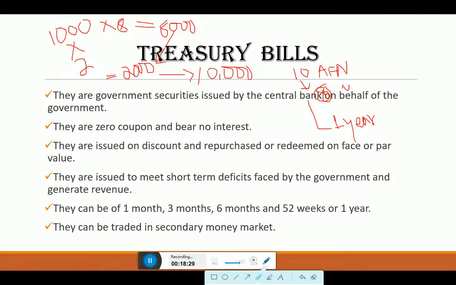So in the short run they have fulfilled their need and collected money from people in order to pay medical staff their salary. They can be of 1 month, 3 months, 6 months and 52 weeks, which is less than a year.